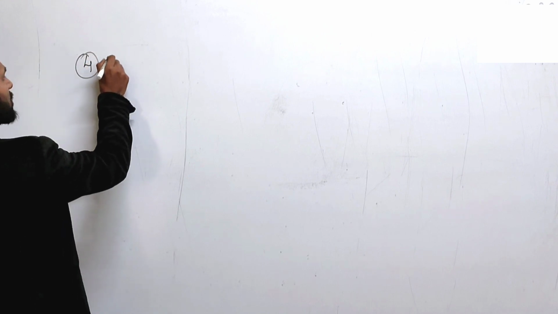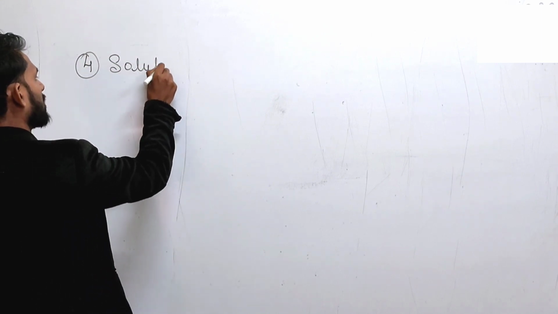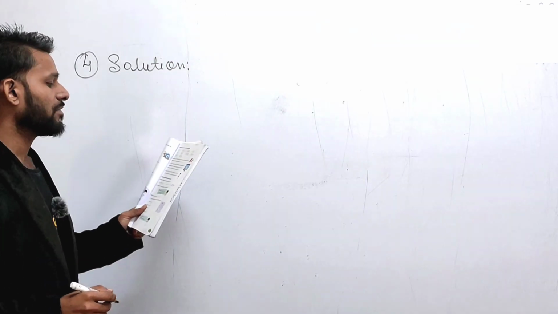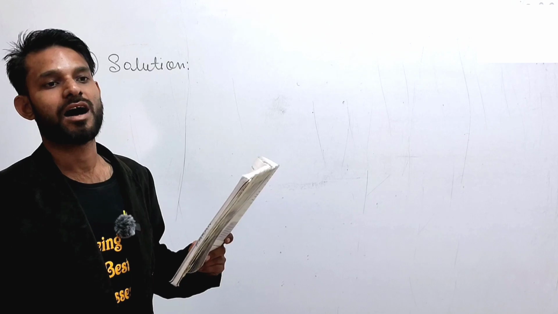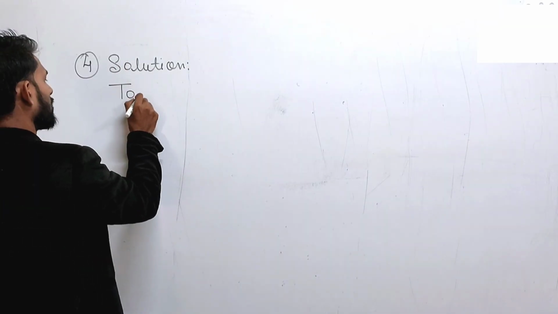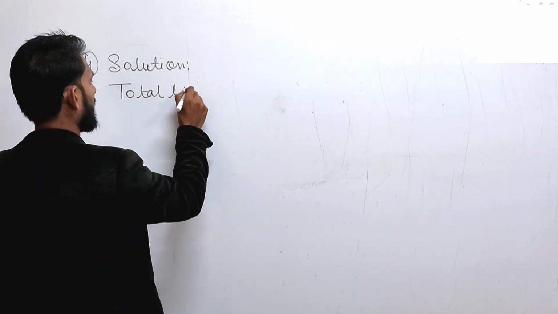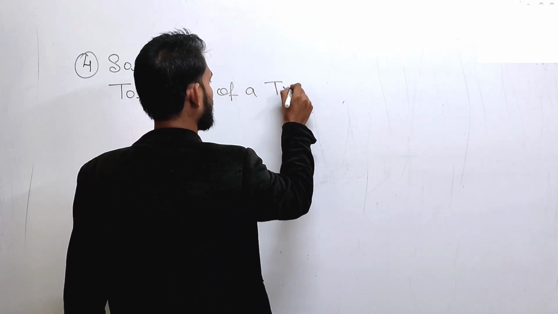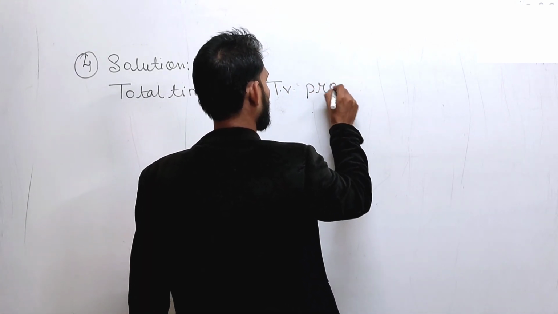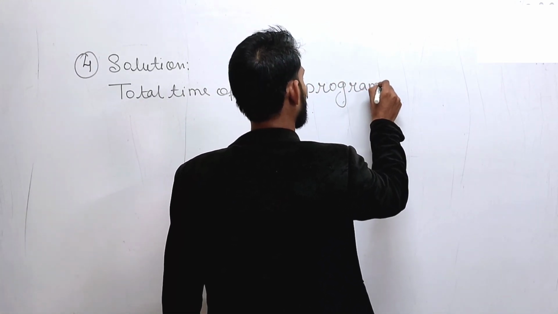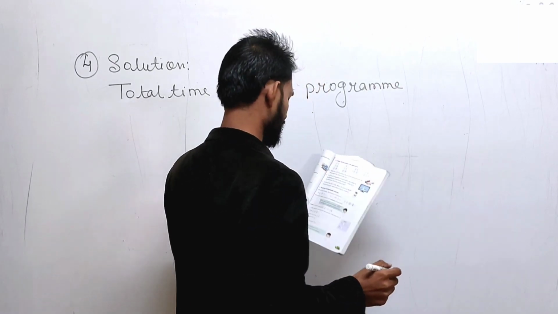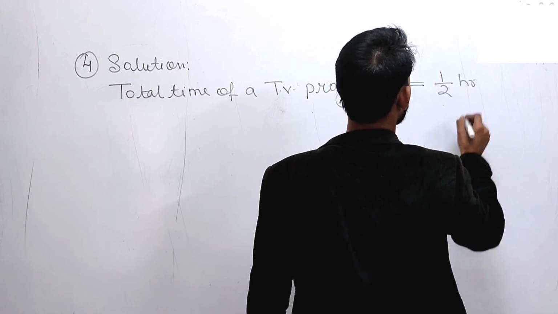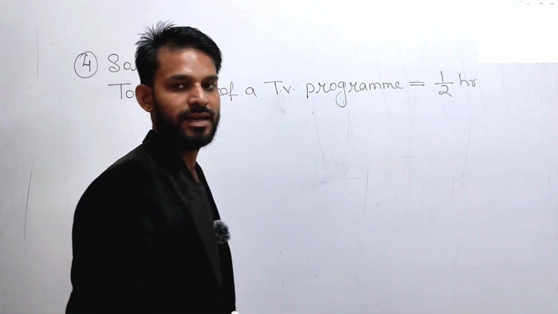Question number 4, solution. Total time of a TV program is half an hour. Clear?